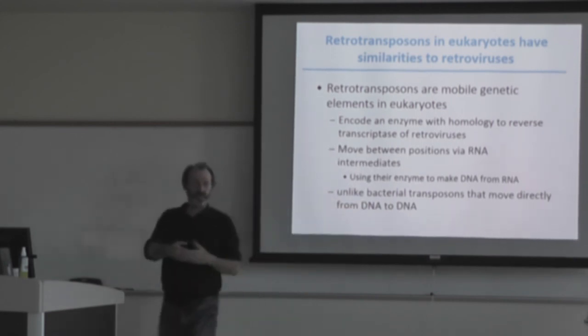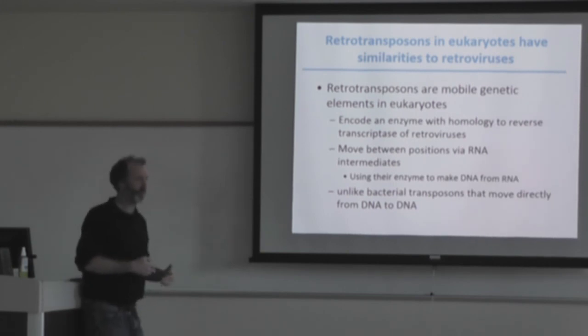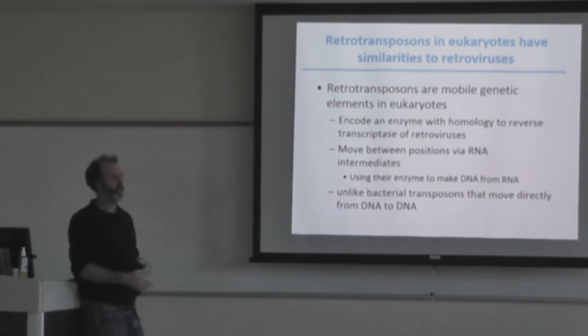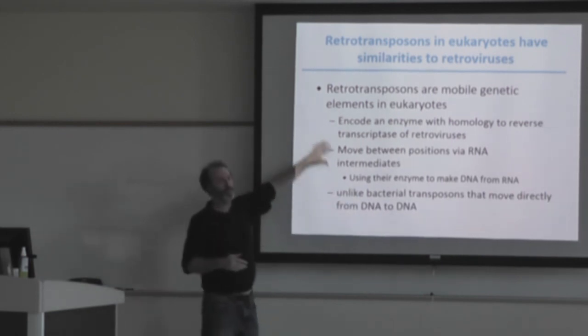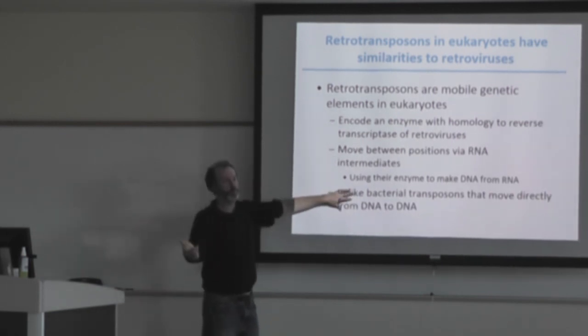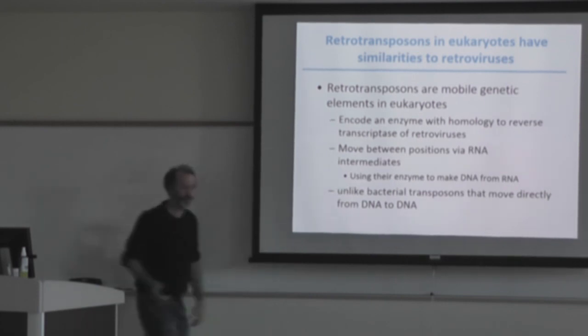So eukaryotic transposons use an RNA intermediate, which is more evidence that these probably evolved from previous retroviral infections.